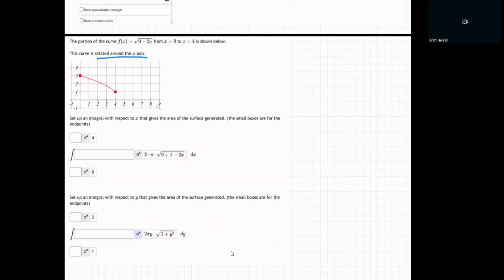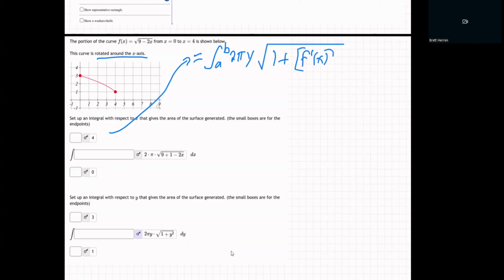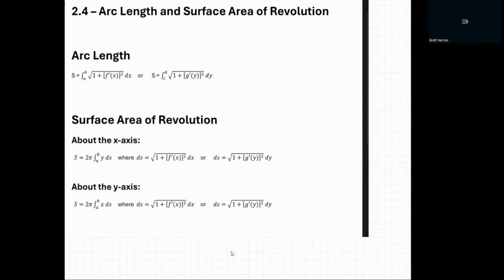All right, so let's do the first one. So I'll just do this one right up here. So it's going to equal the integral from a to b of 2 pi y square root of 1 plus f prime of x squared dx. Make sure I get that right.